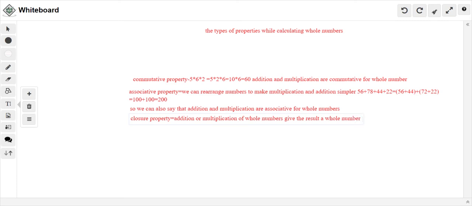Yeah, that's basically it. For example, 6 plus 6 equals 12, which are all whole numbers.